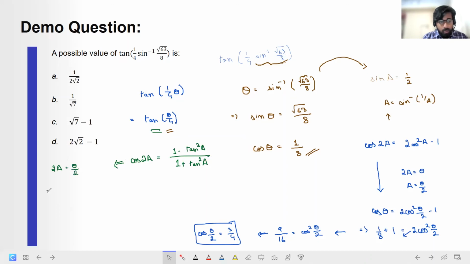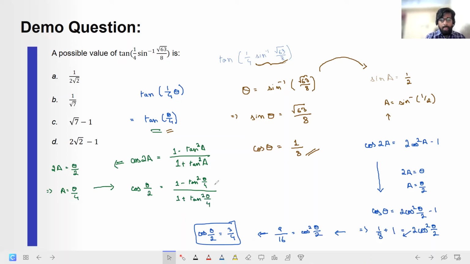If twice a is equal to theta by 2, then a is nothing but theta by 4. Now if I replace or substitute all of these over here, I get cos of theta by 2 is equal to 1 minus tan square theta by 4 divided by 1 plus tan square theta by 4.